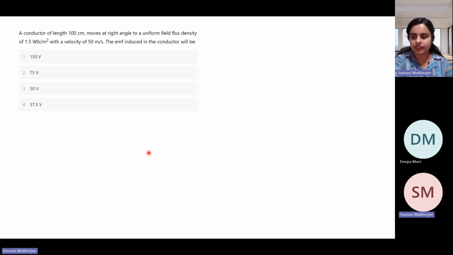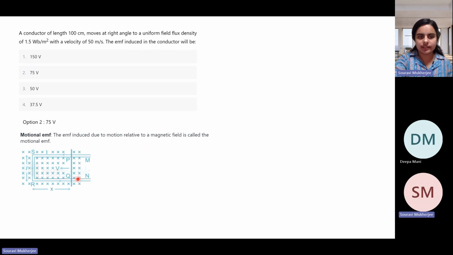Okay, so let me discuss it anyways. What is being asked here is that you know B, you know the velocity V, and you also know the dimensions. So this is the solution, let's see how to get there. This is something we just discussed, right?